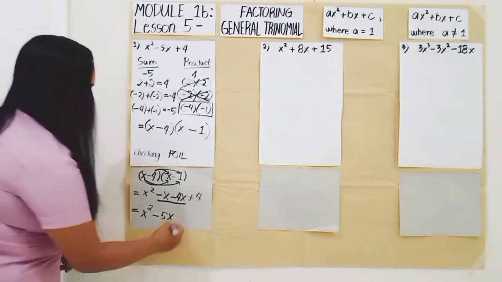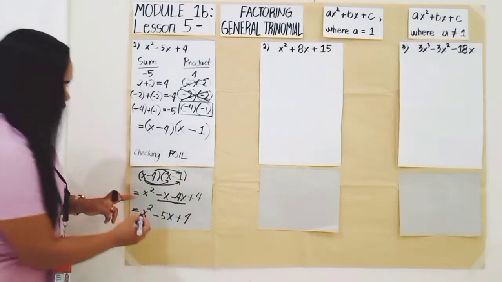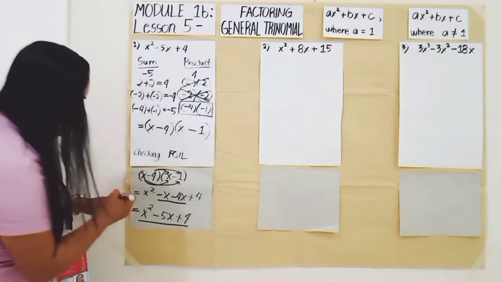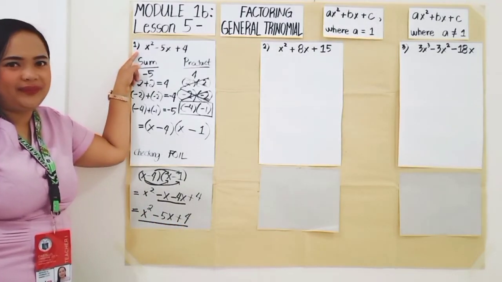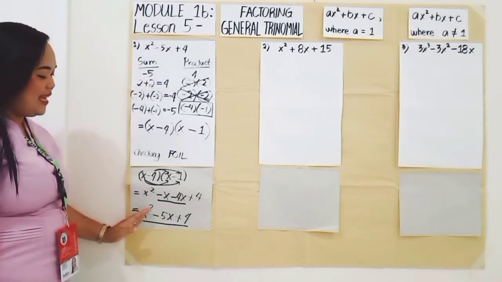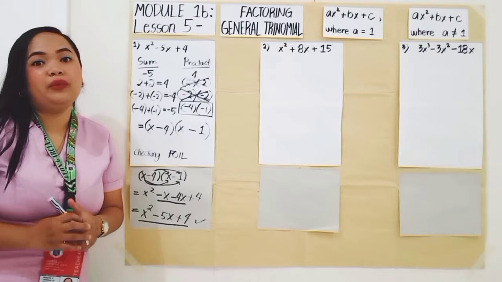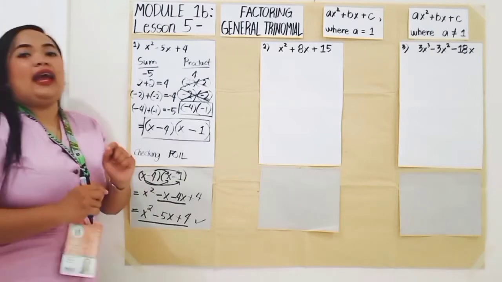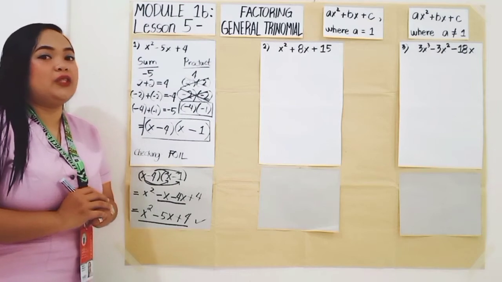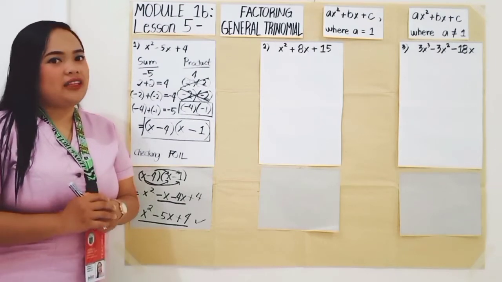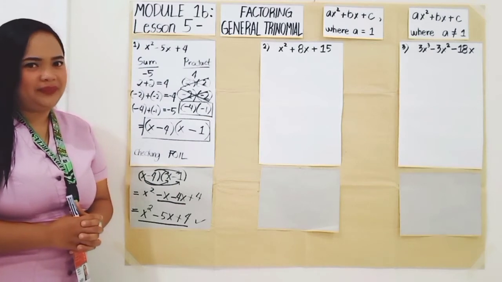Bring down plus 4. Now, is this the same trinomial in the given problem number 1? Yes, this is the same trinomial in problem number 1. Then, x minus 4 times x minus 1 are the factors of the given trinomial.